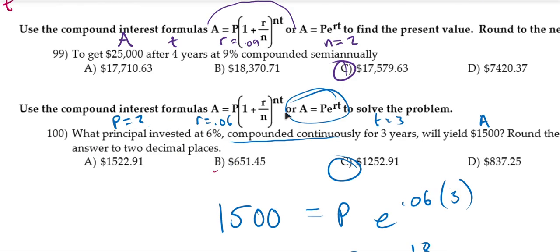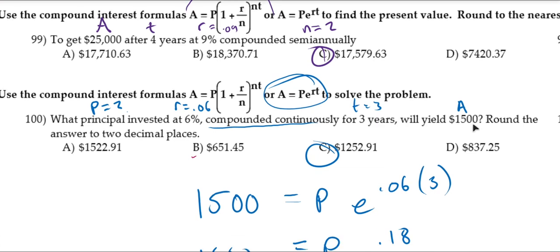Finally, last question, it says, what principal must be invested at a rate of 6%, or r equals 0.06, if we're compounded continuously? We're choosing that equation, and we want $1,500 to be in the account after these 3 years. So how do we do that? Well, we want 1,500 to go where our A goes. We're solving for P, and we have e to the r t as e to the 0.06 times 3.